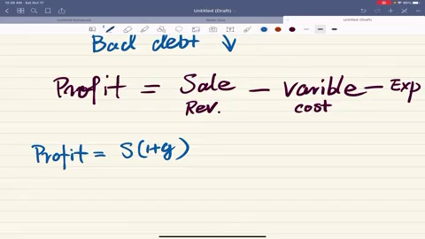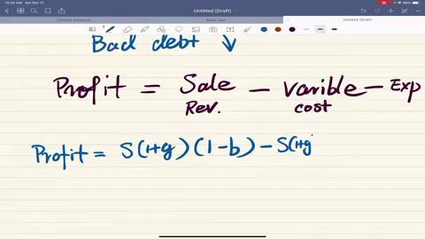And in addition you have bad debts, this part of the revenue you can never receive. And you minus your sales multiplied by the growth rate, then multiplied by the VCR rate.